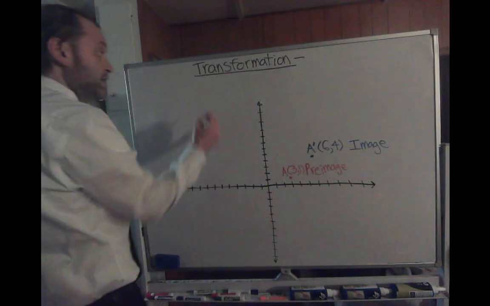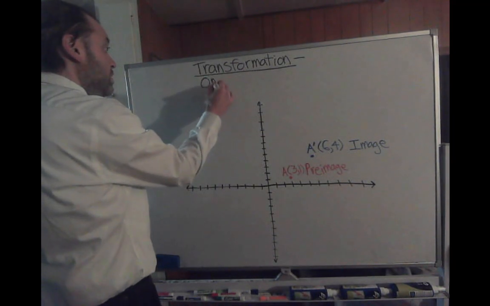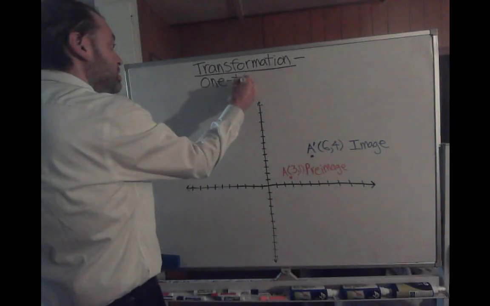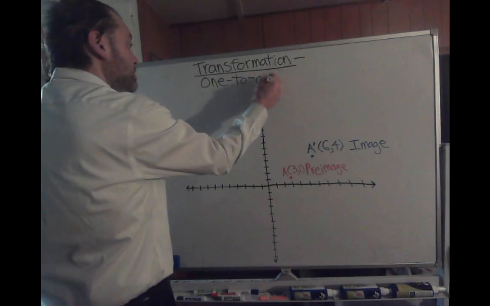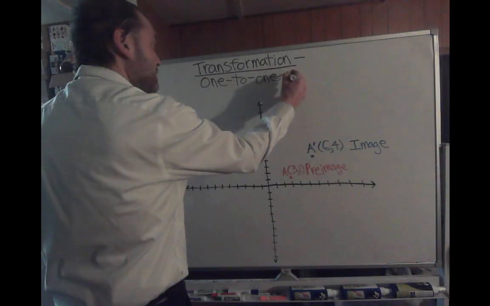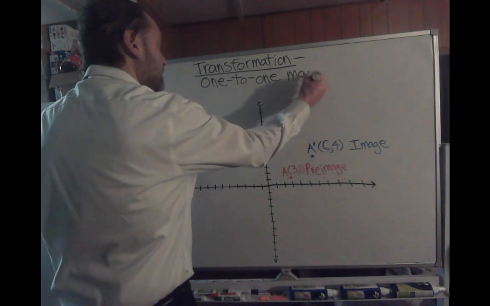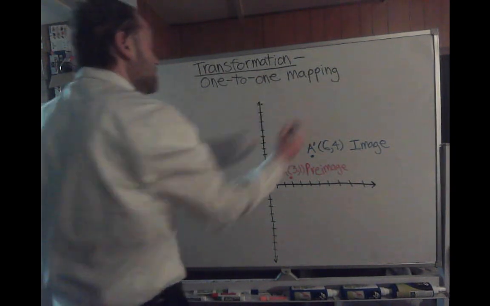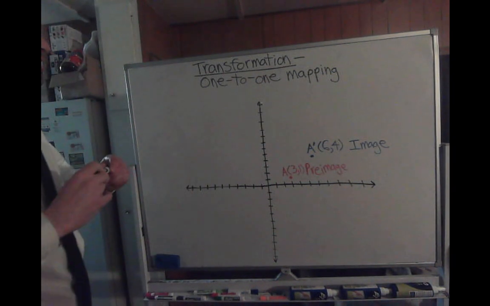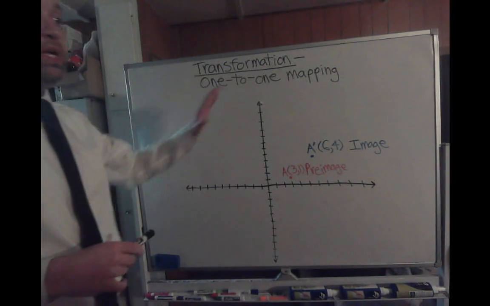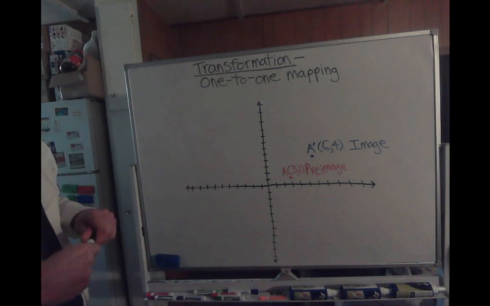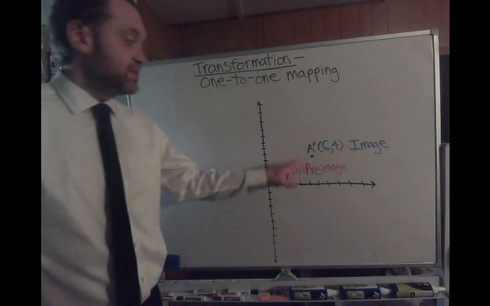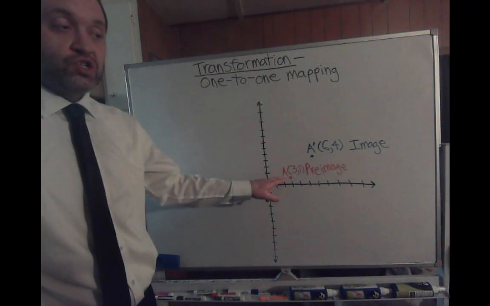A transformation is a one-to-one mapping. So if it's a one-to-one mapping, that means each image has one and only one preimage.